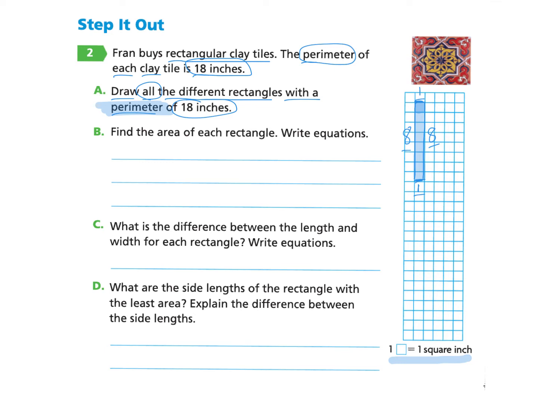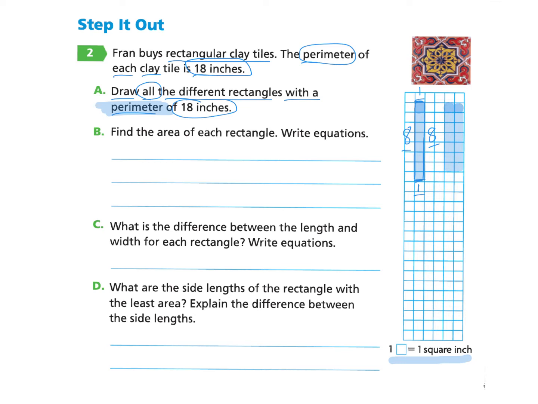Okay, so if you want to pause and try the next one, I'm going to go ahead and make a rectangle with the width of 2. If you want to try that on your own, you can do that, or again, follow along with me. I'm going to have 2 colored in here, and then I'm going to count 7 squares and color those in.